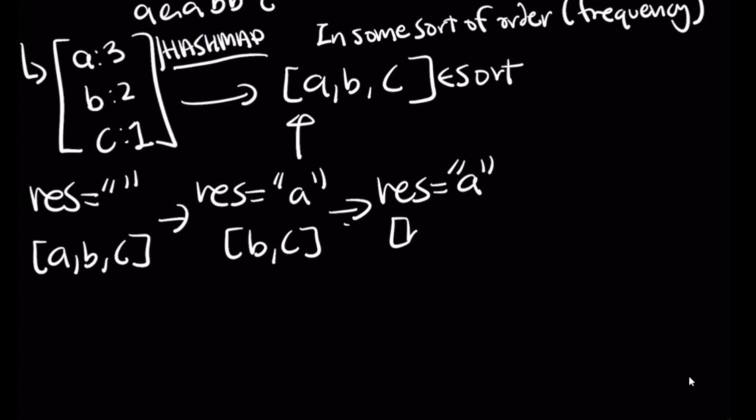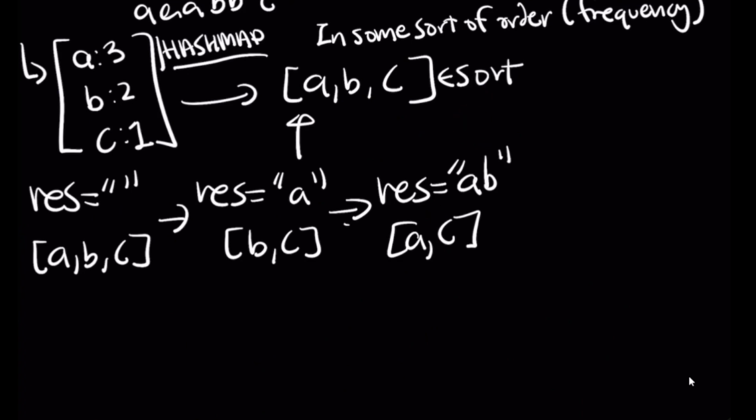I'll copy the previous iteration before I process it in the current iteration. So the next most frequent character is B, so we pop B out. We add it to the resulting string. Now we want to add A back into the sorted order list because we only used one out of three A's in the given string so far.